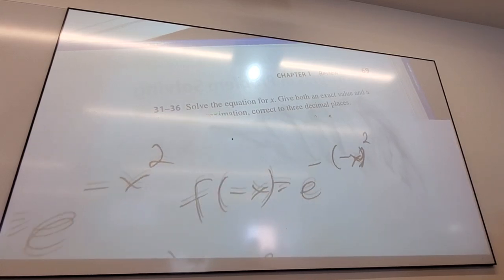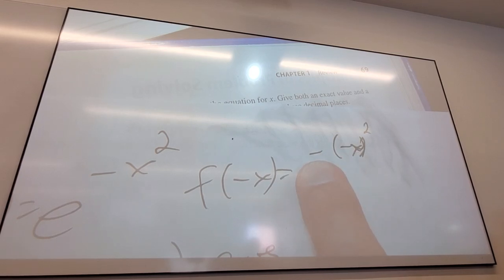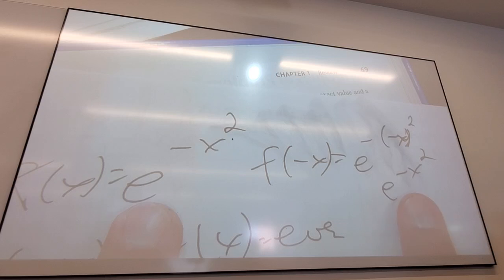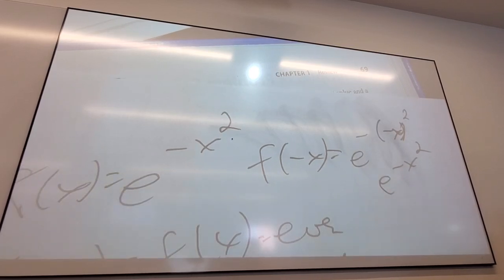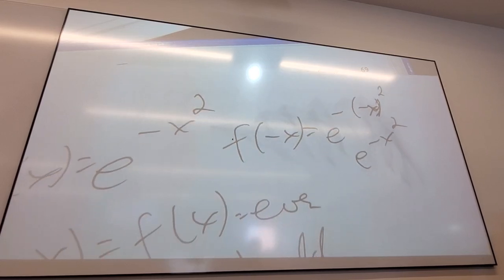The negative's still there. Is that the same as it was? Yes. So what symmetry does that have? Even. If it was the negative of what it was, odd. If it's neither, neither.